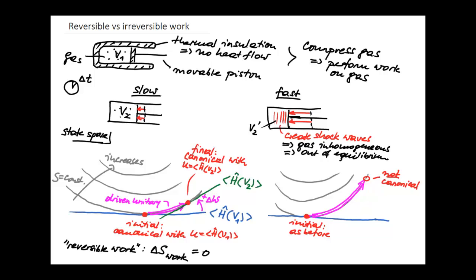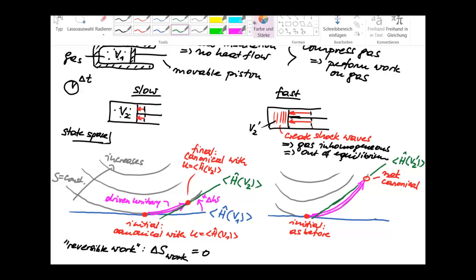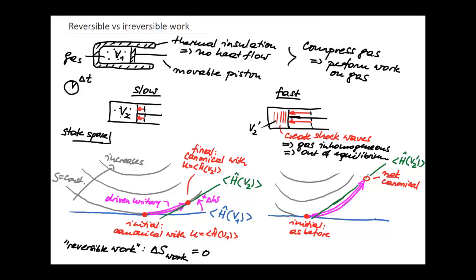Let's say this state that you created by moving the piston very fast has a certain internal energy. It's the expectation value of the Hamiltonian at this new volume V2 primed. This is higher than the initial internal energy because you performed work on the system.